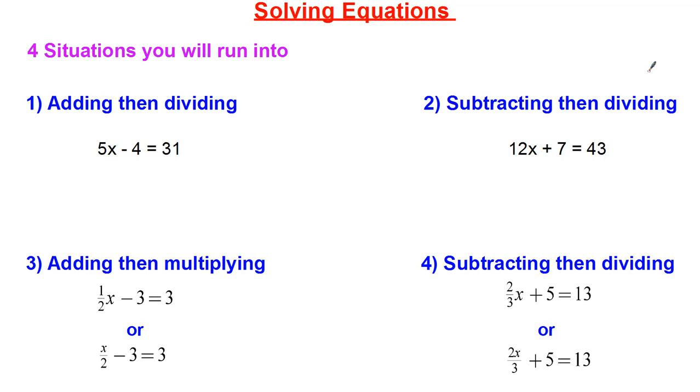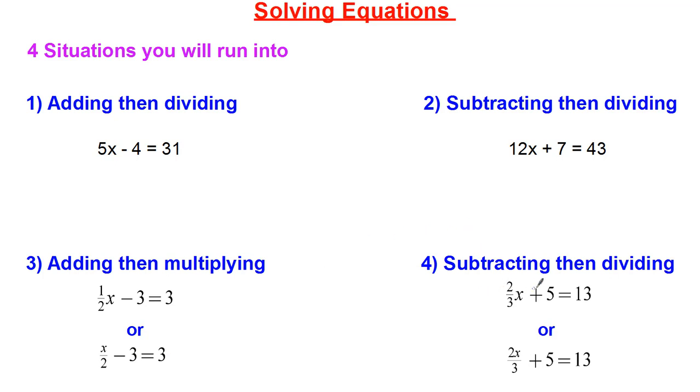Option number 1 is adding and then dividing, then subtracting and then dividing, which looks like 12x plus 7 equals 43. Then option 3 is going to be adding and then multiplying, so we have 1/2 x minus 3 is equal to 3. Just notice this 1/2 x minus 3 equals 3, you could just rewrite it as x over 2 minus 3 is equal to 3.